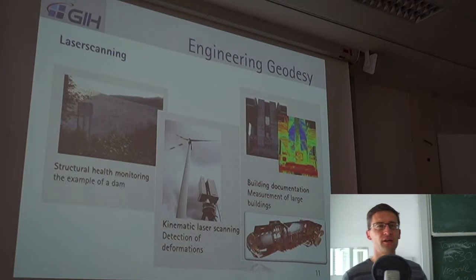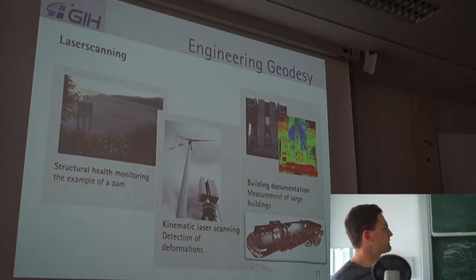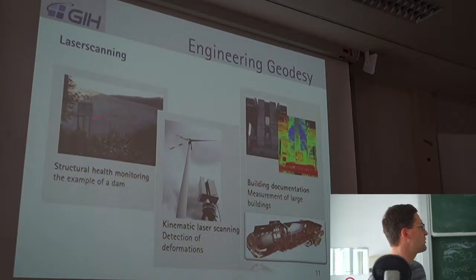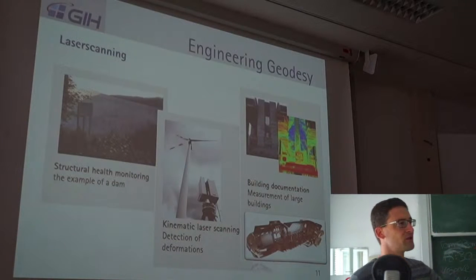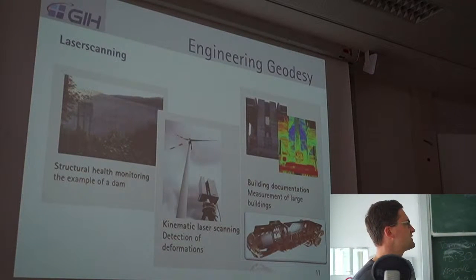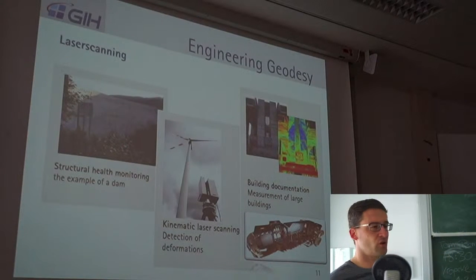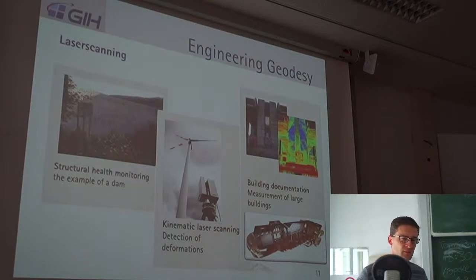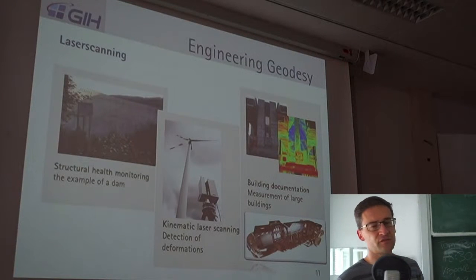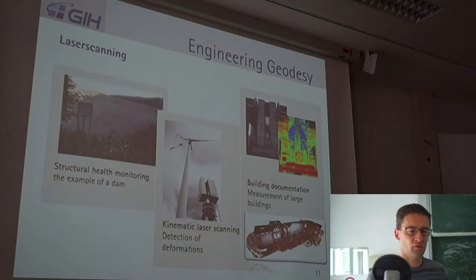To give you more examples, we have this dam, which I mentioned here. You have different water levels, and then there is deformation of the dam, of course, and you may want to know how much deformation, just to make sure that the dam is still there after a high level of water.